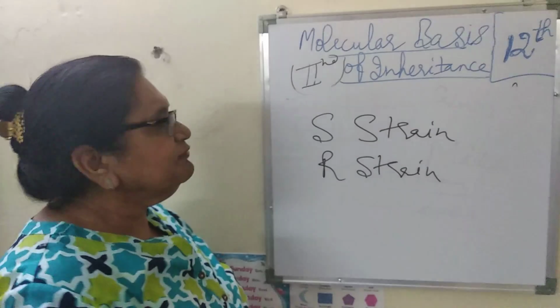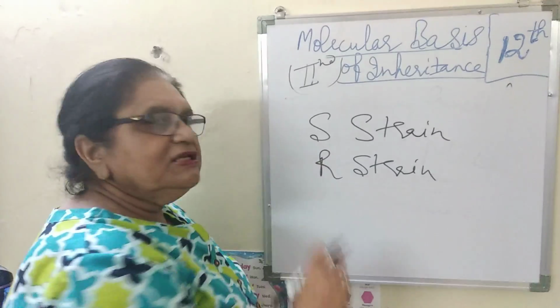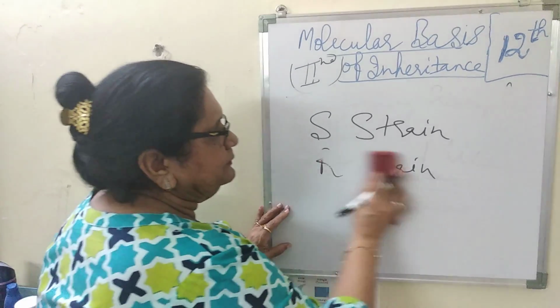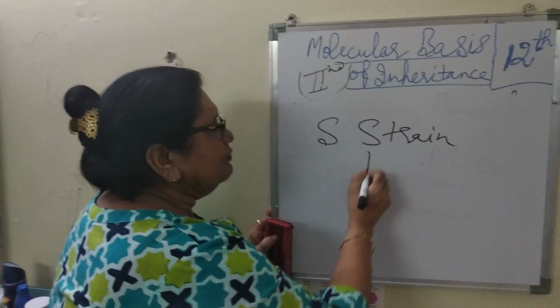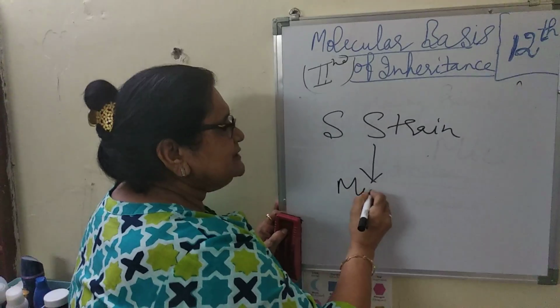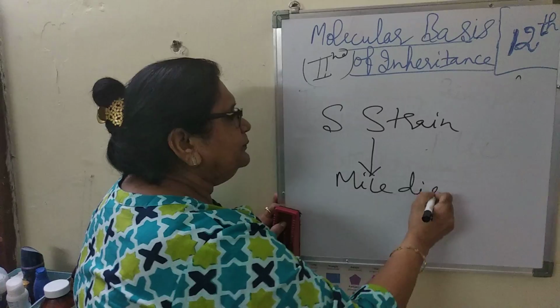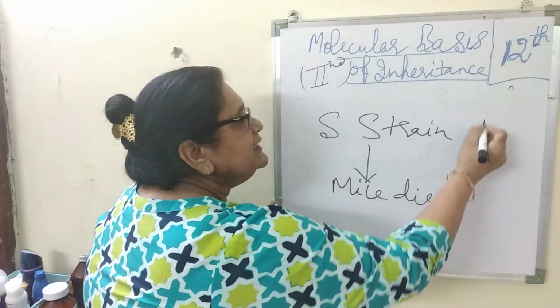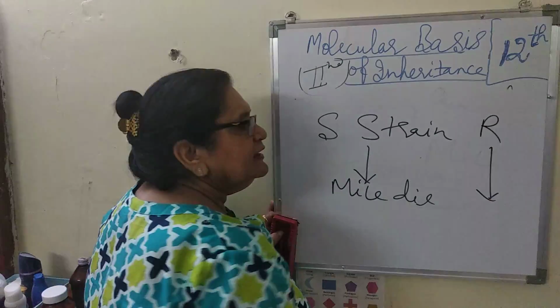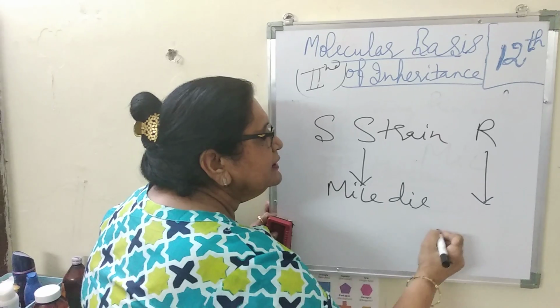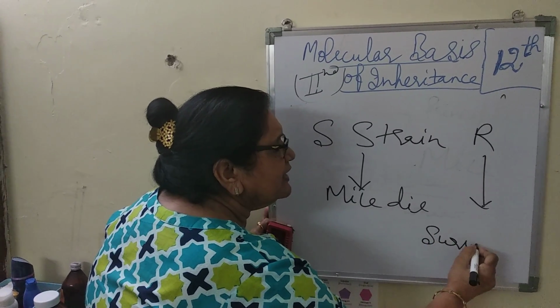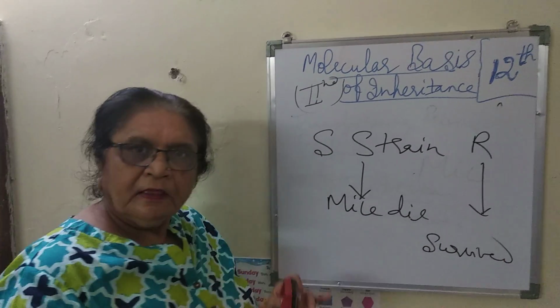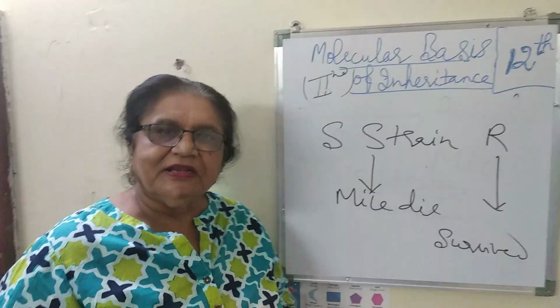So what did Griffith do in his experiment? He injected the S strain and he found the mice died. Second, he injected the R strain, and then he found the mice survived. So S acts as virulent.